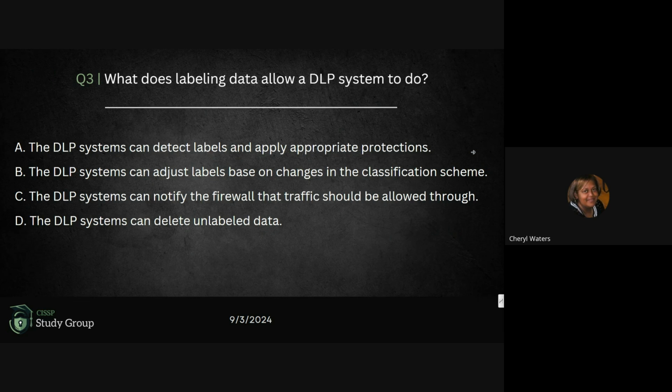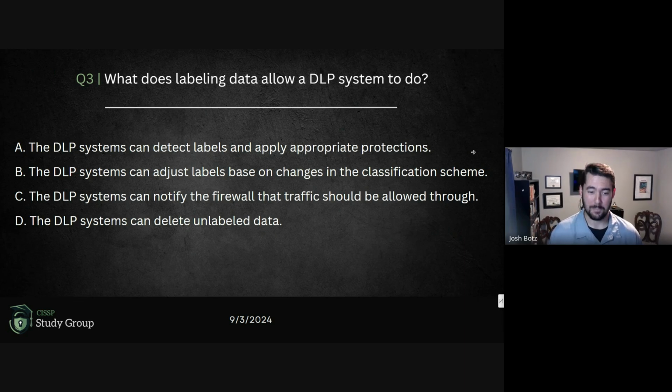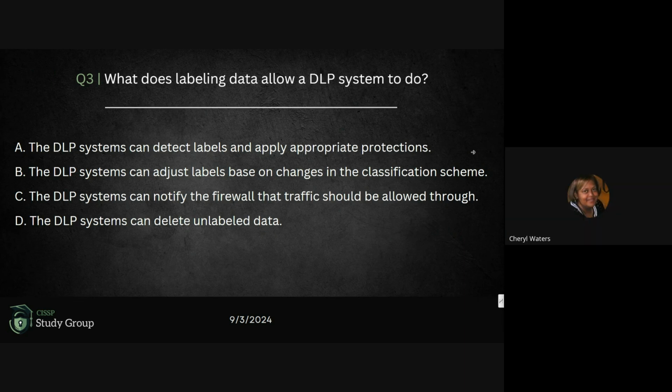adjust labels based on changes in the classification scheme. We have been playing around with this one. So it's not correct today, but who knows? Exactly, not correct today. Although we were testing something today and I kept thinking, I don't recall putting that label on that file. Where did that come from?